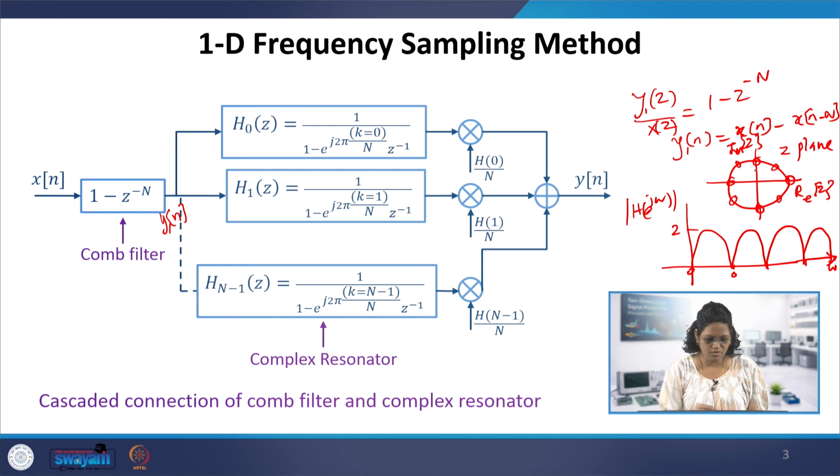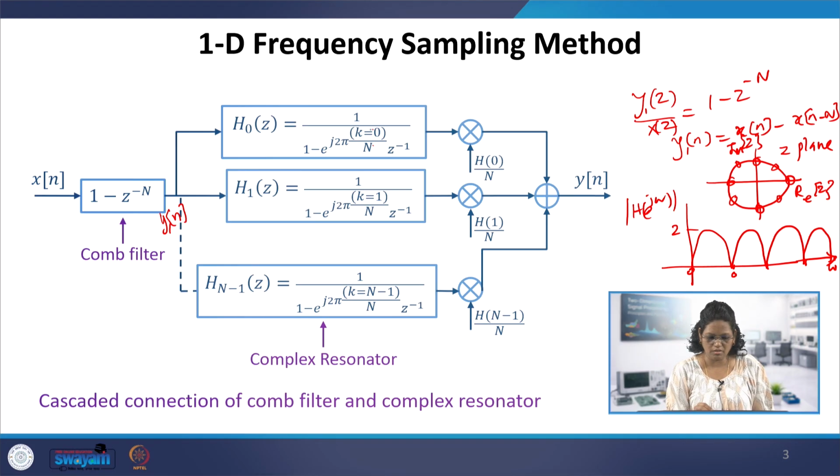So this is the comb filter structure, and with this comb filter structure there is a resonator cascaded with it. Suppose the first one, H0(z) is 1 by 1 minus e power j 2 pi k by N, where k is 0, so that is going to be 1 by 1 minus e power minus 1. So this is for k equal to 0.